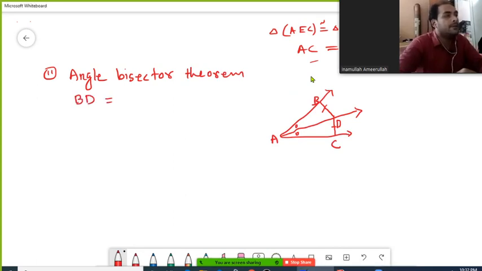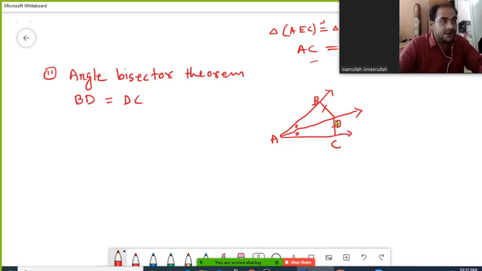So here BD is equal with DC by angle bisector theorem, because AD is the bisector of angle A. So what does this theorem mean? The perpendicular distance between any point on the sides of the angle and any point on the bisector will be equidistant.